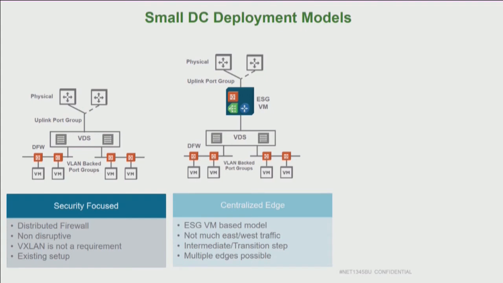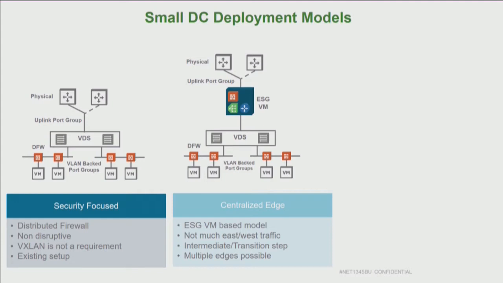Then we have something called the centralized edge deployment model. This deployment model is powered through our ESG virtual machine. Right? So you have one NSX Manager and one ESG VM, like any regular VM that you drop into your vSphere infrastructure, and you can now enable a lot of use cases.